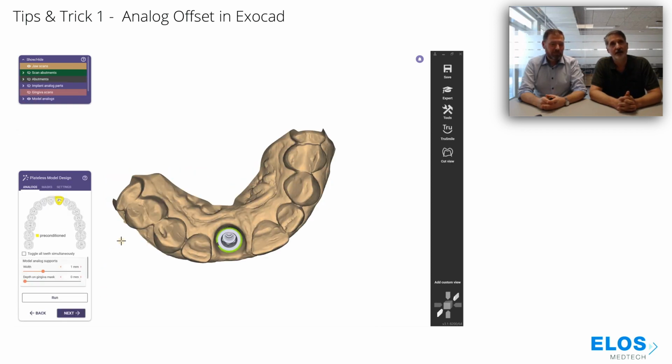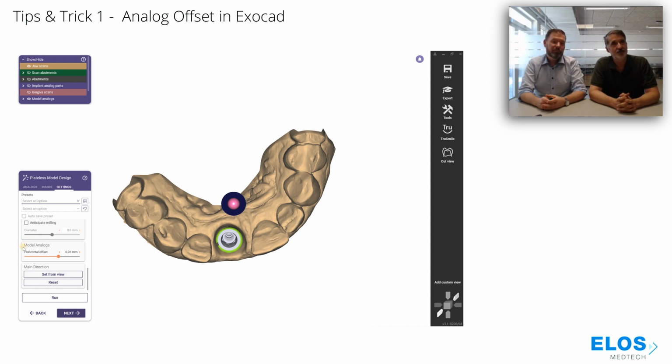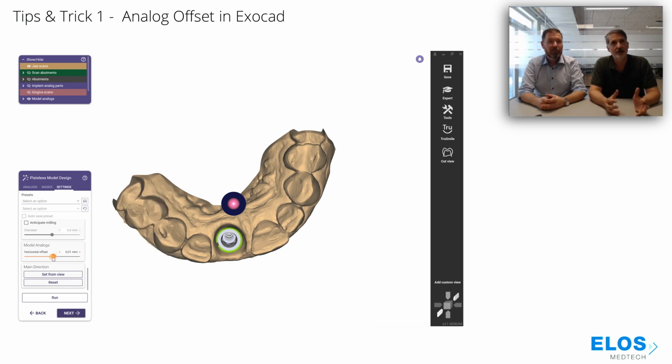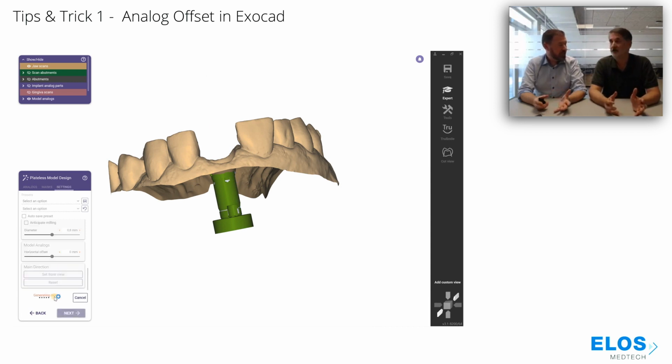If you see here in Exocad, the model creator, in this window there's a section which is called settings. And you see that you can modify the offset around the physical analog. So 0 means you have 0 micron offset, so it's exactly as it is in the library.